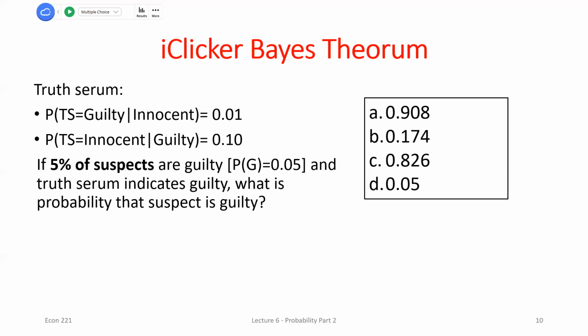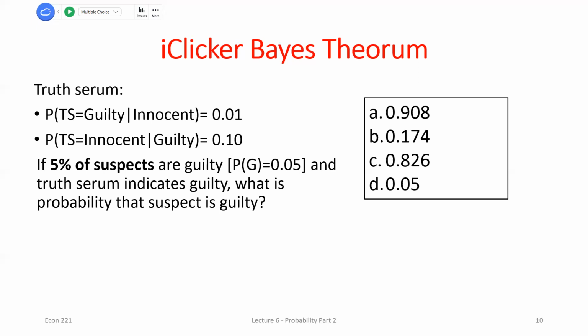But the easier way to do this would be to do what? Exactly. If I know the probability that, given the truth serum makes them say they're guilty, they're actually innocent, well, we said if we condition on the same outcome of the test, the conditional probabilities for the two different states of nature should add up to 1.